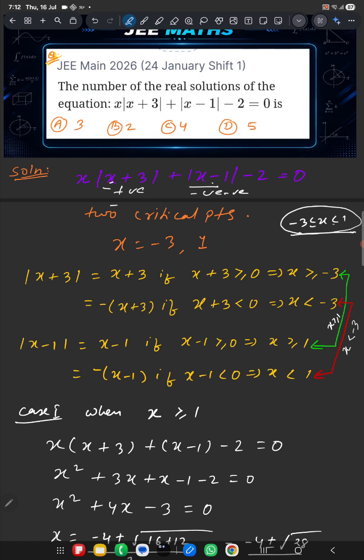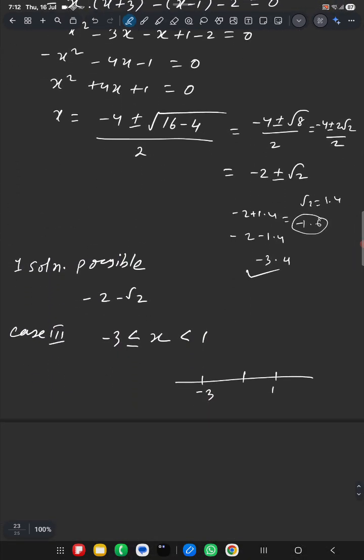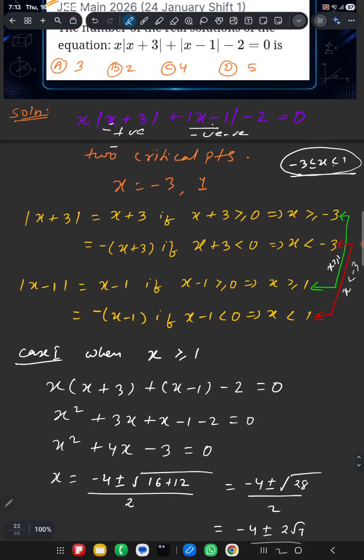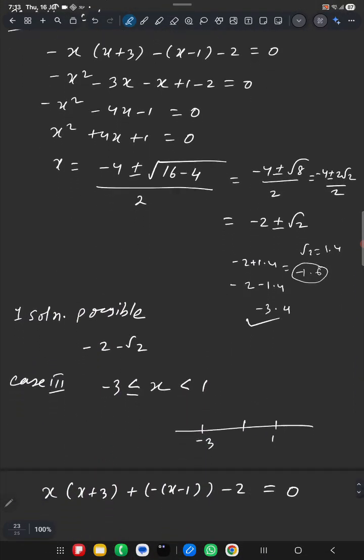So we will write case 3 like this: x into x plus 3, which is positive, and here we get a negative value, so minus of x minus 1, and minus 2 was already there. This is positive and this is negative in the whole interval between minus 3 and 1.